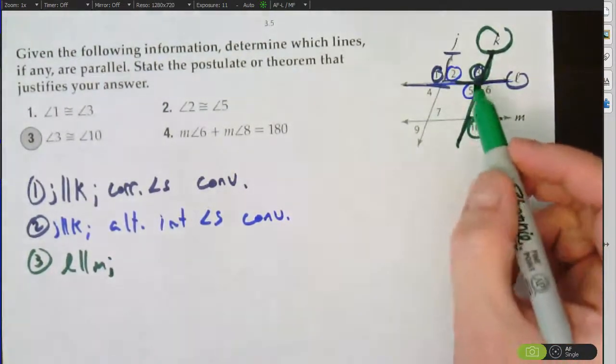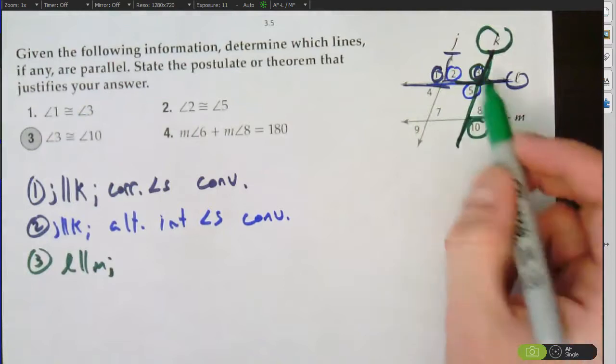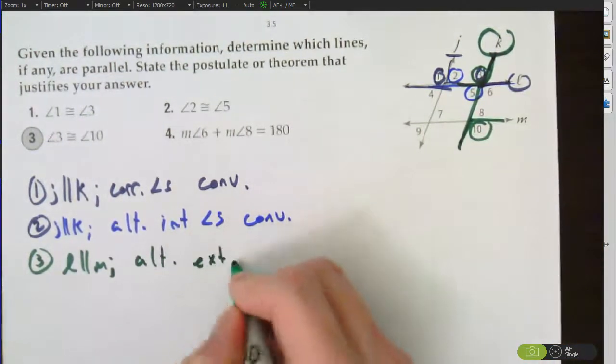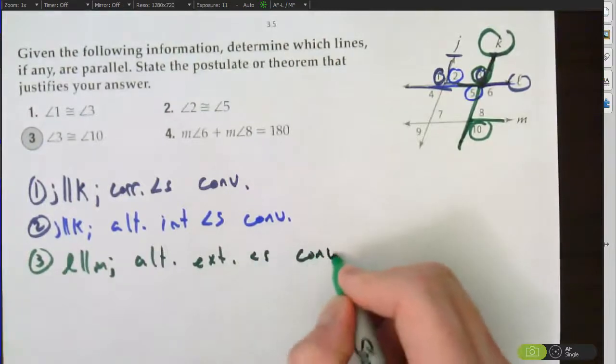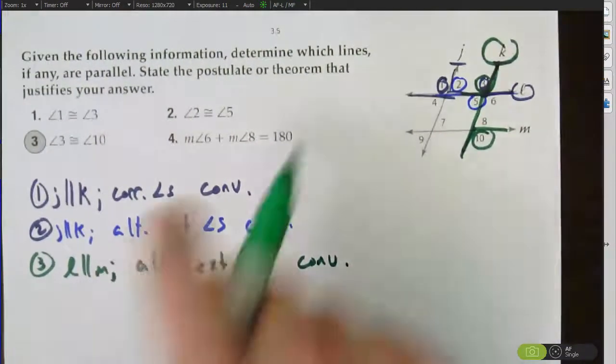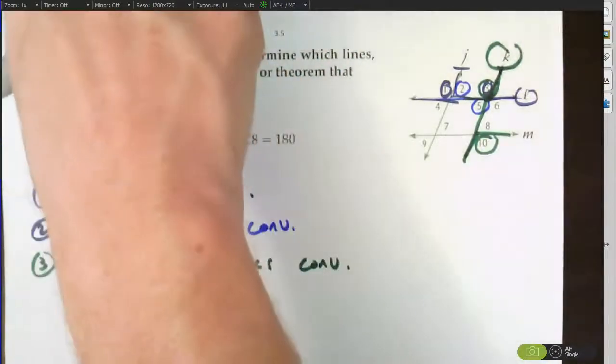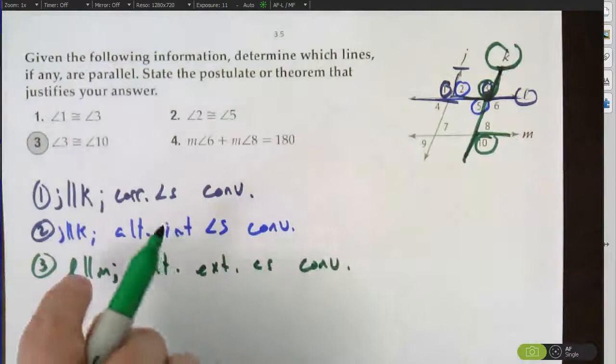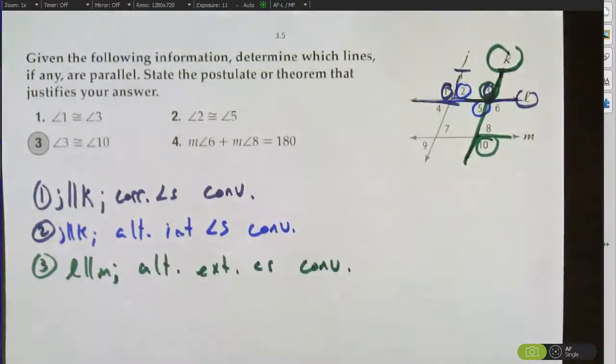Well, this is outside L and M, and they're on opposite sides of K, so they're alternate exterior angles, and again, converse. The theorem we did in 3.2 proved the angles were congruent because the lines are parallel. In 3.5, we can say the lines are parallel because the angles are congruent.